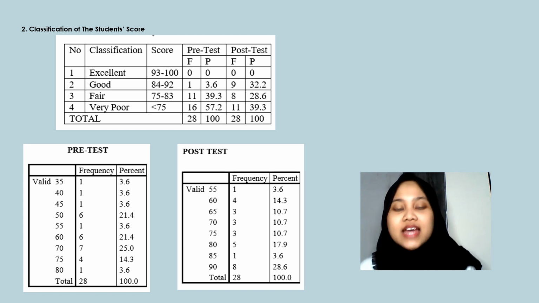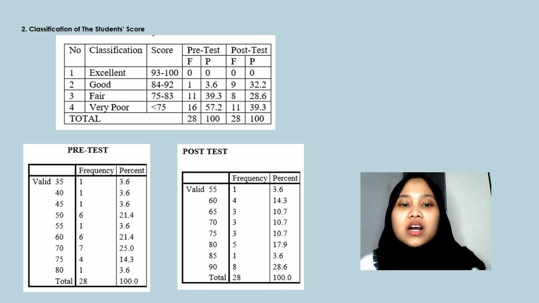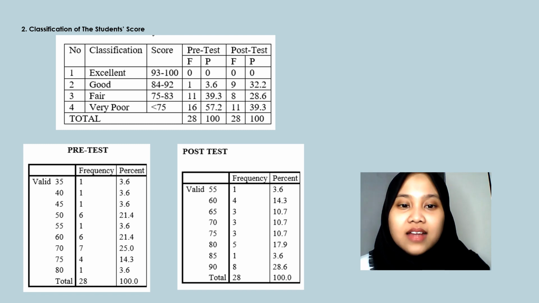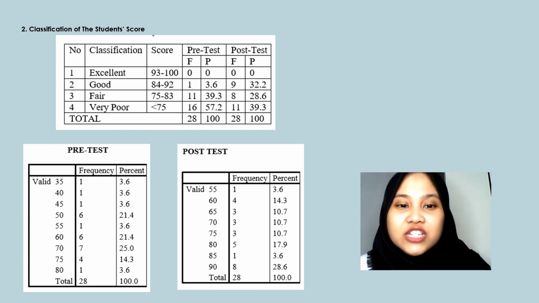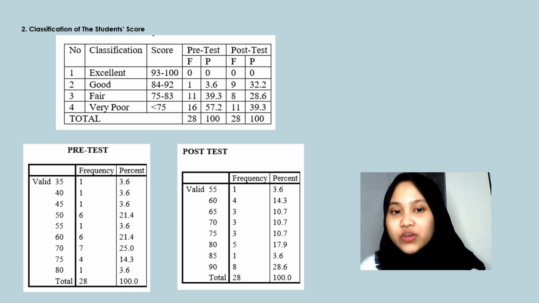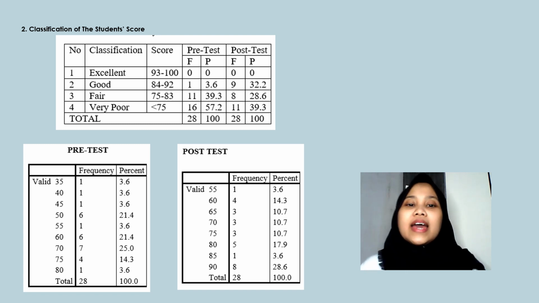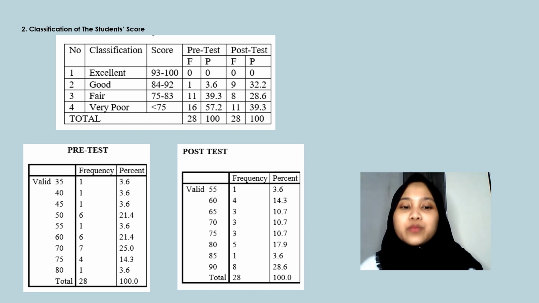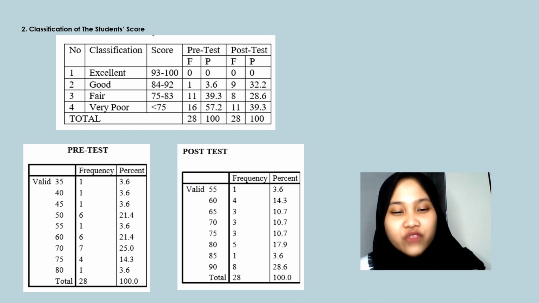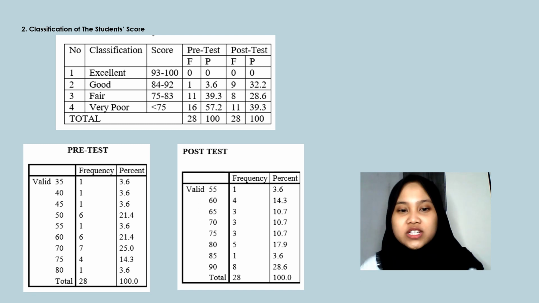But in the post-test, we can take a look, there is an increase in the good classification from 1 to 8. And in the frequency of fair students, there is a decrease from 11 to 9. And in the very poor, there is a decrease from 16 to 11 students.